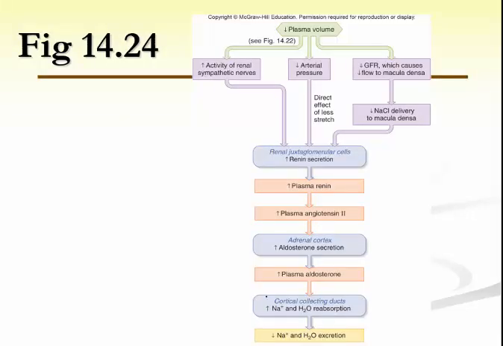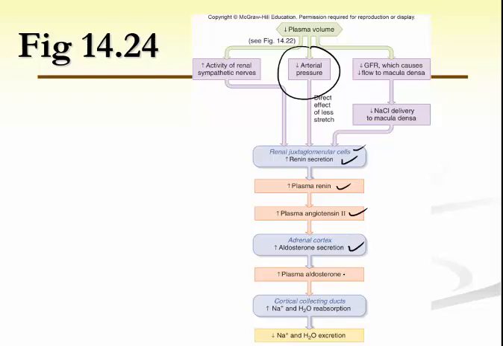Figure 14.24 shows you that process. So if we have a drop in blood pressure, we are going to trigger the release of renin from the juxtaglomerular cells. That renin enters the plasma and ultimately converts angiotensinogen into angiotensin 1, then angiotensin 2. And that is going to trigger the release of aldosterone from the adrenal cortex.